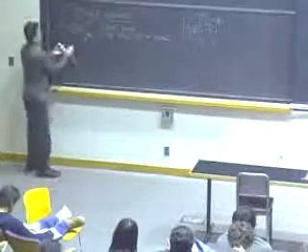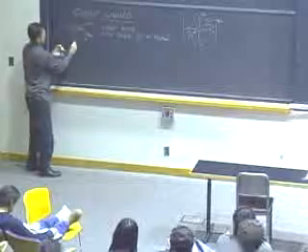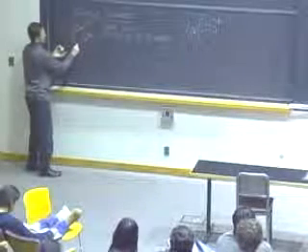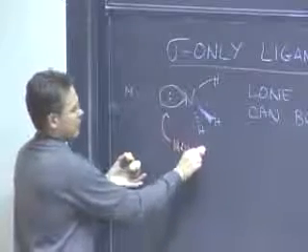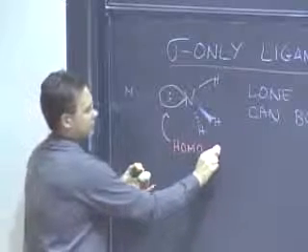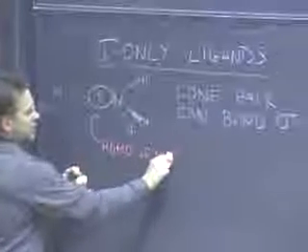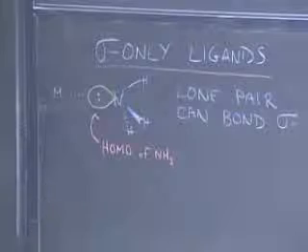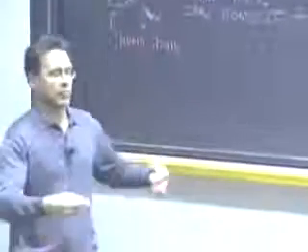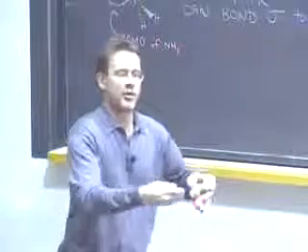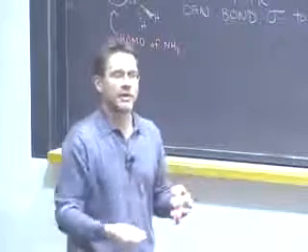And let me point out that this orbital here that I'm focusing on is the HOMO of NH3. Okay, so what we're saying is you have a central metal ion, and then you have 6 ammonia ligands pointing at it, each of them pointing their HOMO at the metal, their highest occupied molecular orbital.